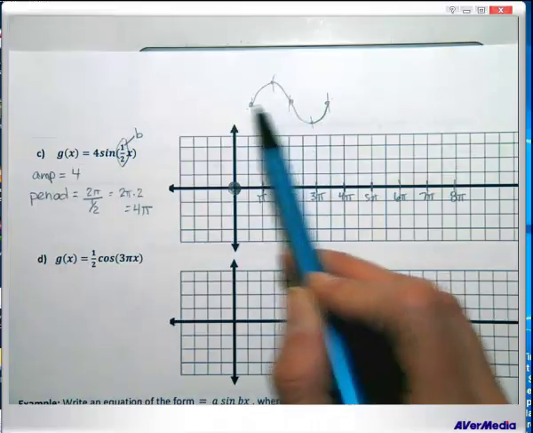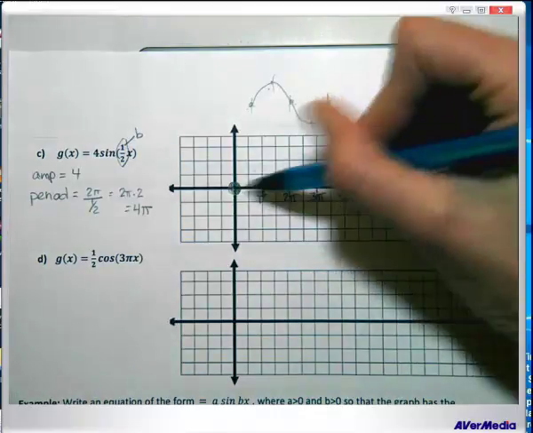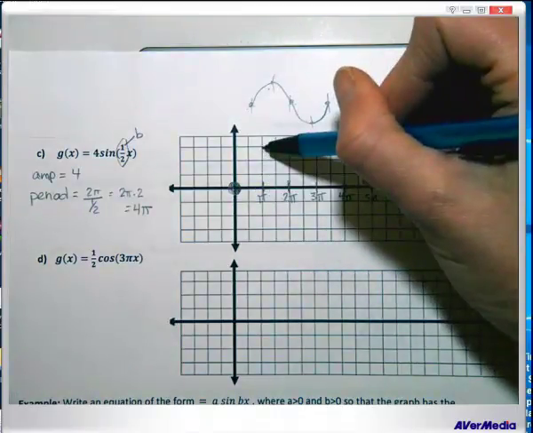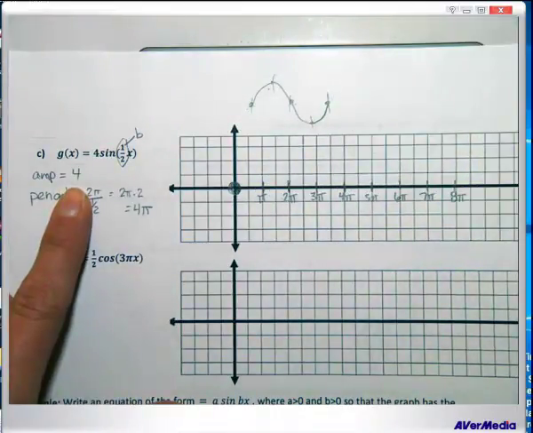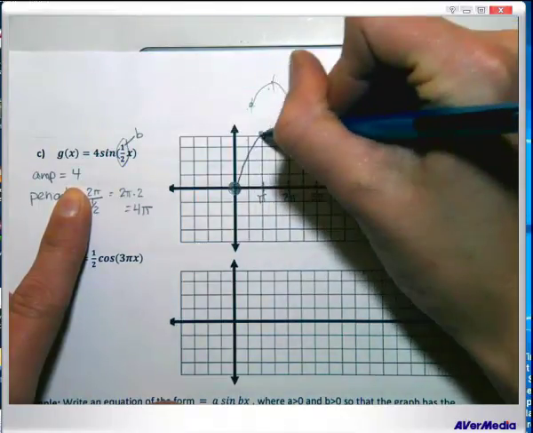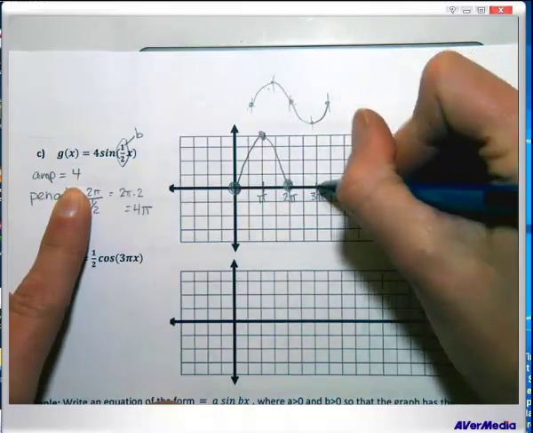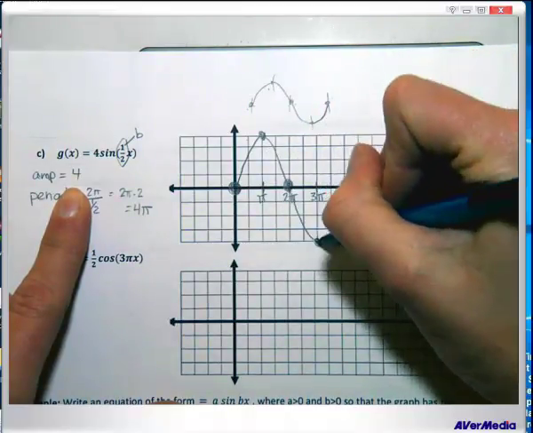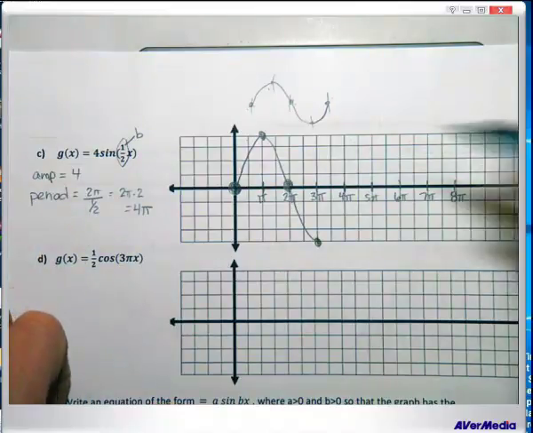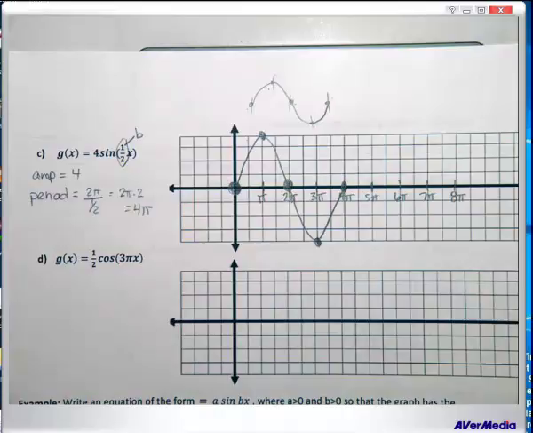Halfway between 0 and 2 pi will be 1 pi. And so I can graph this as pi will be my maximum, which has to be an amplitude of 4 units. So 1, 2, 3, 4. 2 pi will be a 0. 3 pi will be negative amplitude. And 4 pi I will be back to 0 again. And that completes my 1 period.